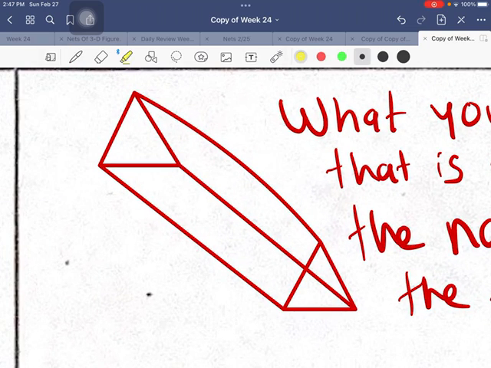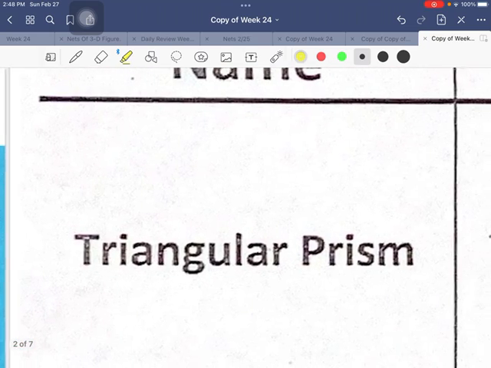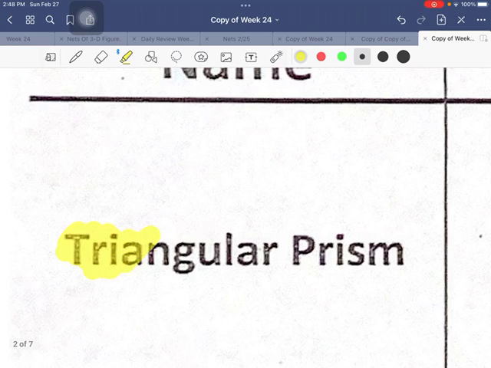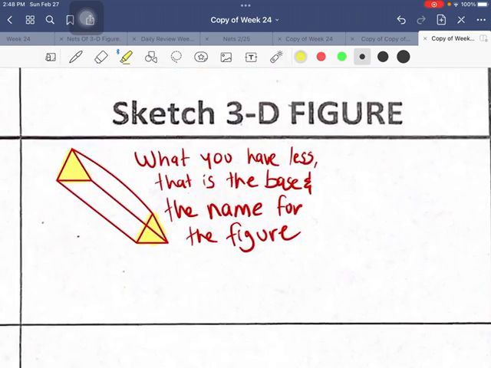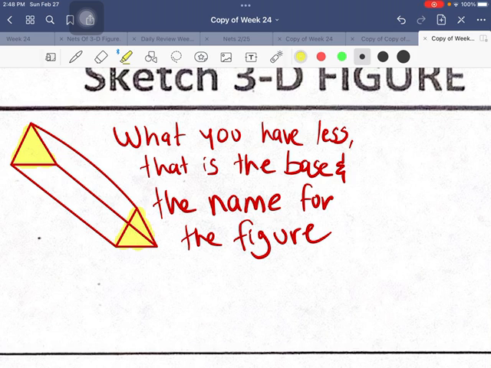Triangles or rectangles? Triangles. So that means whatever a name's going to be, I know it's going to be triangular. You might not know if it's a prism or a pyramid, but I know that it's going to be triangular because what you have less of, that's the name and that's the base. In this case, yeah, it's going to be triangular.